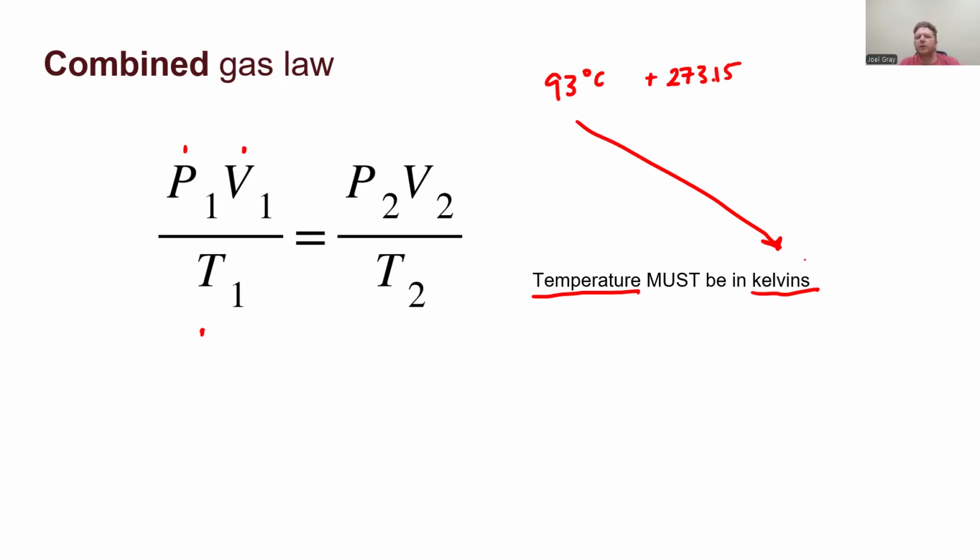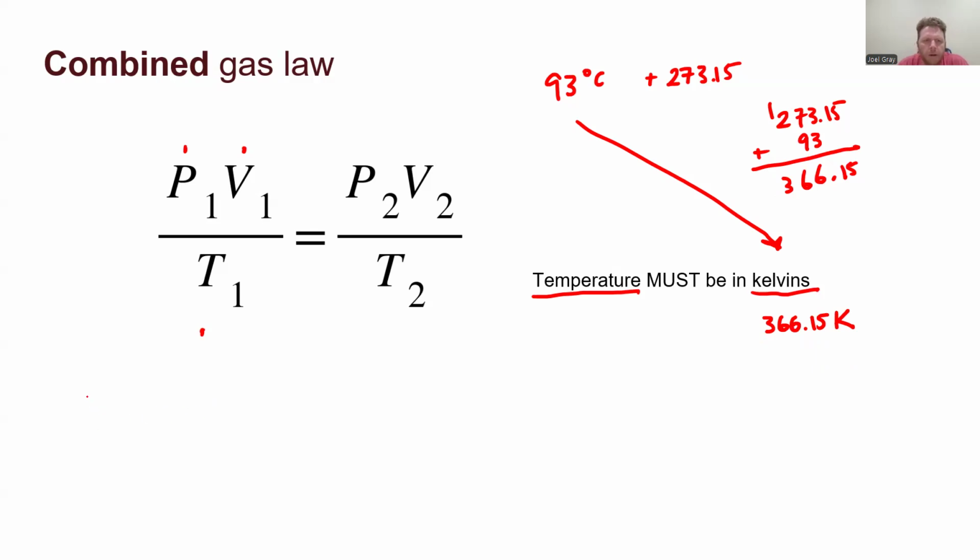Let's add this up: 273.15 plus 93 is 366.15. One of the things we talked about earlier this semester was that this is 366.15 kelvin, not 366.15 degrees kelvin.